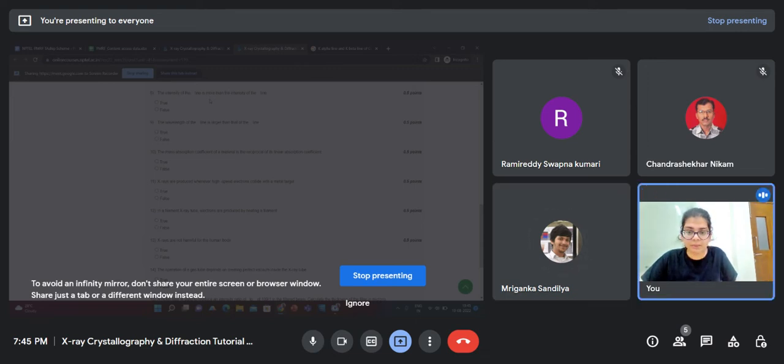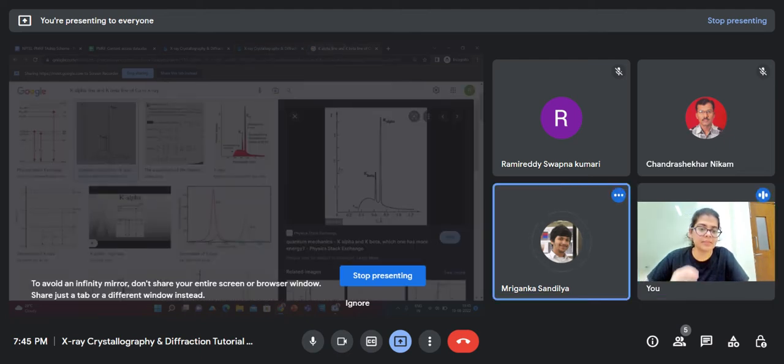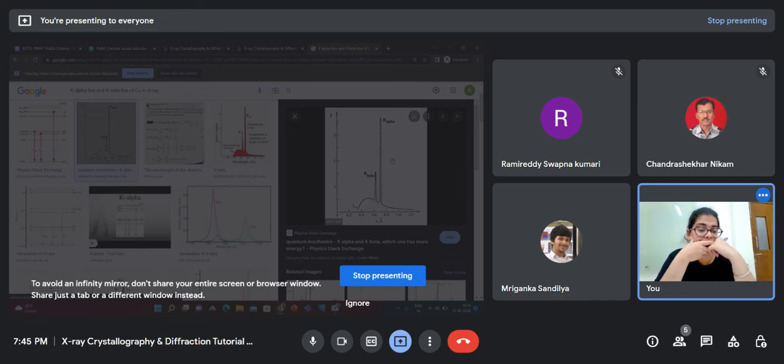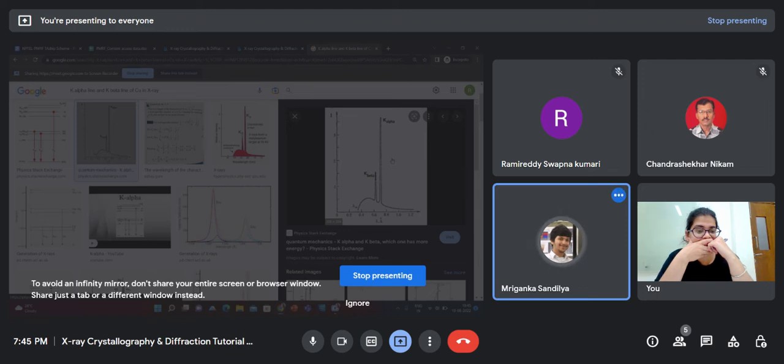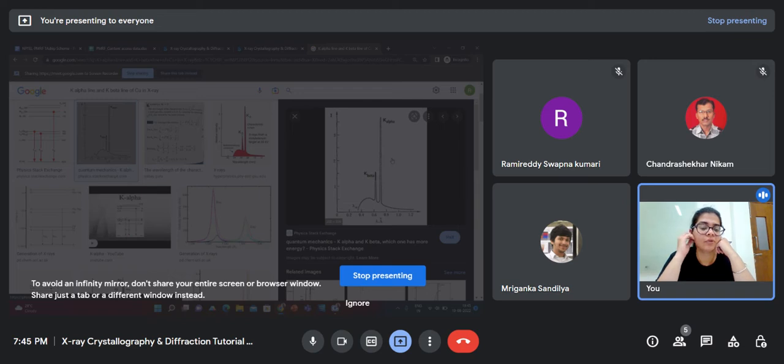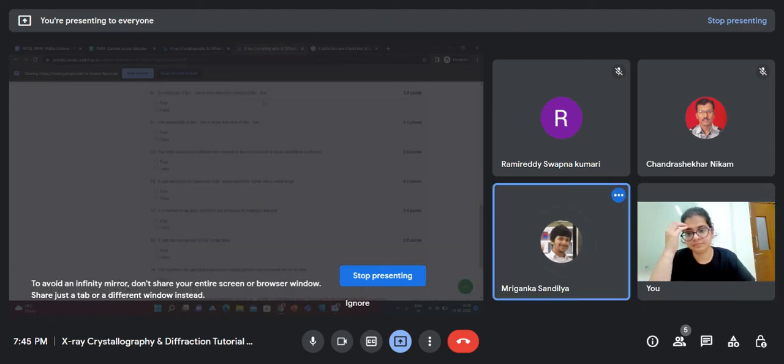So the wavelength of copper K beta is larger than the wavelength of copper K alpha. You can see this graph. The wavelength of copper K alpha is towards 0.8, and for K beta it is 0.6. So this statement is false.